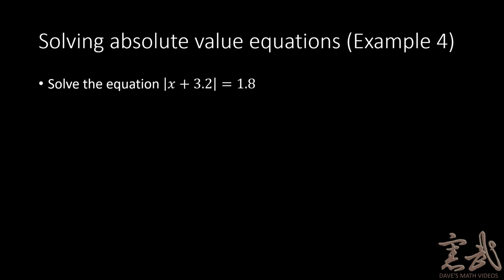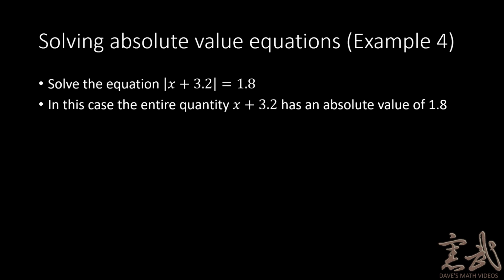This equation is slightly different. Notice that the absolute value contains the expression x plus 3.2 is equal to 1.8. That is, 3.2 is inside the absolute value brackets. This means that the entire quantity x plus 3.2 has an absolute value of 1.8.